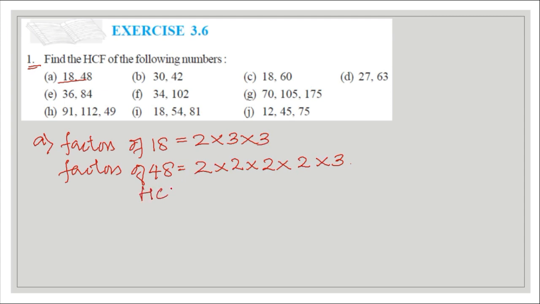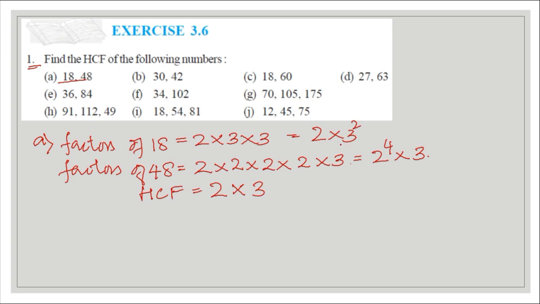Here, to find the highest common factor, we always consider the power notation. It is 2 raised to the power 4 into 3. We will consider the common numbers 2 and 3 with their smallest powers.